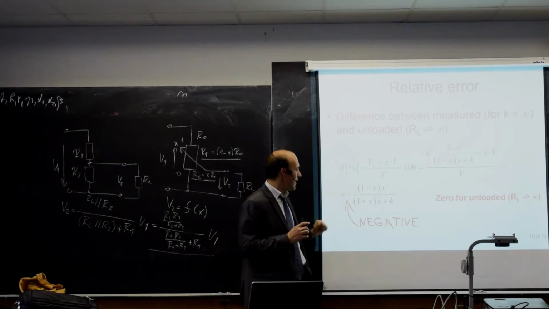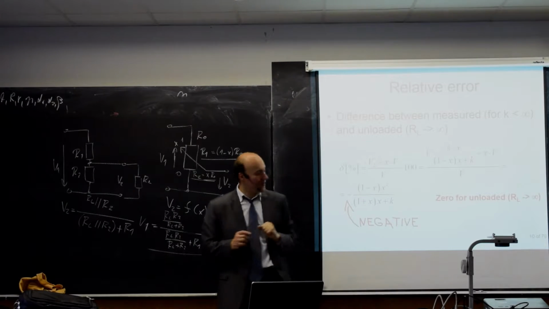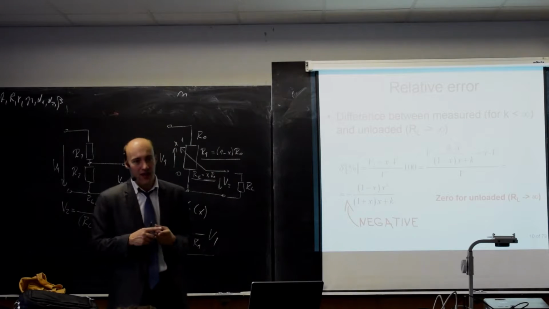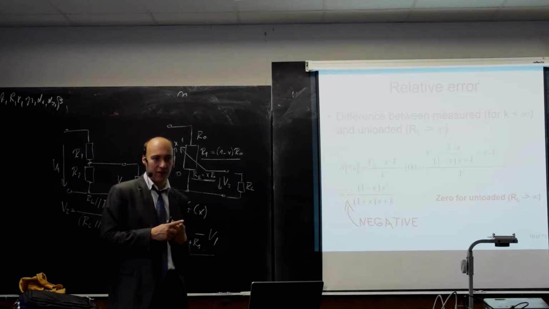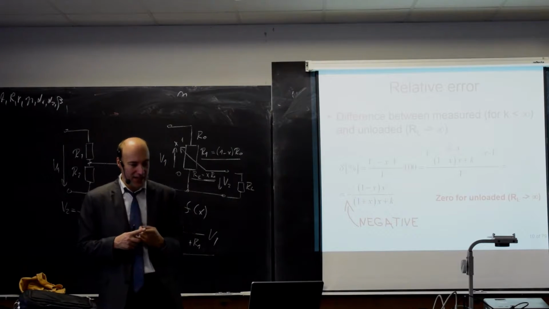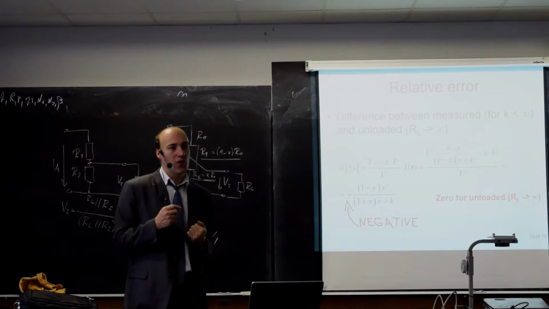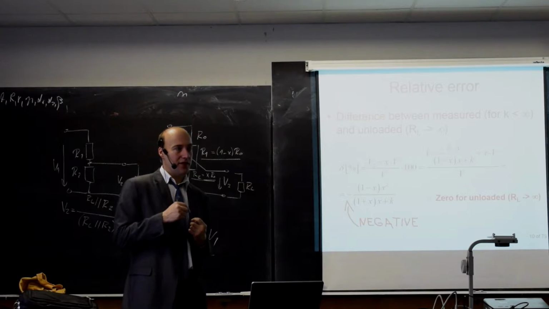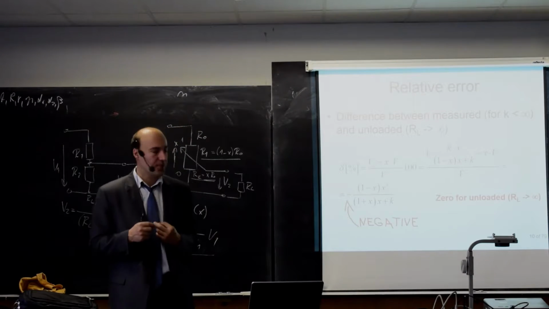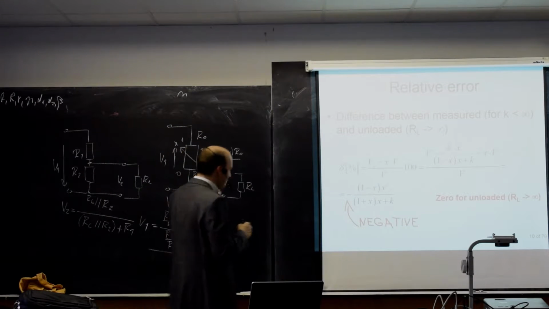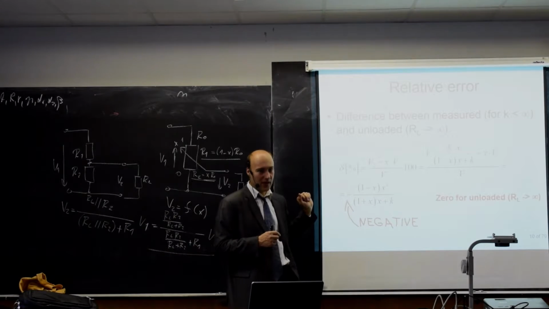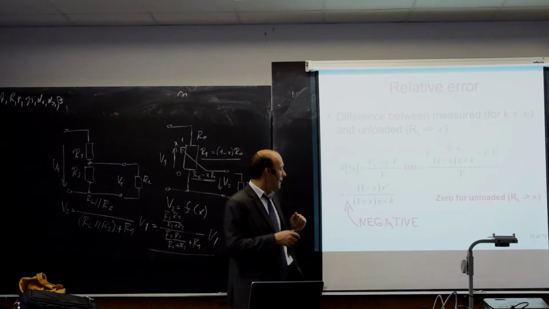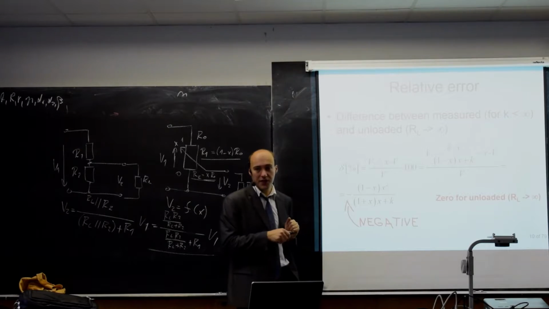And when you derive that, you will see two interesting things. One is that the relative error is always negative. It means that you always measure a smaller voltage than you have in reality in the circuit. And we can also see that the relative error will be 0 if RL is going to infinity.